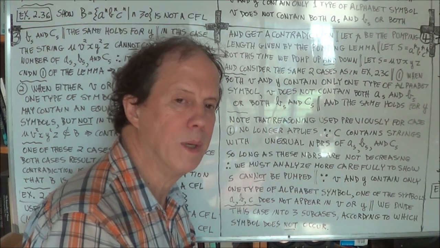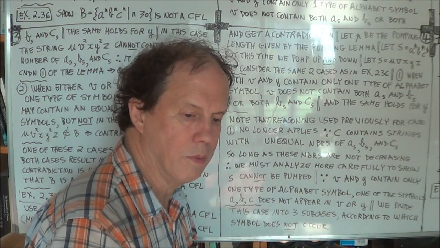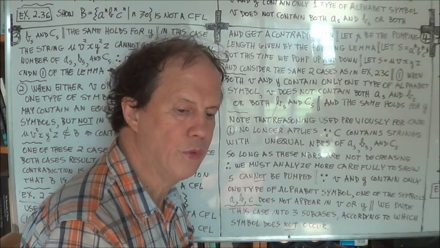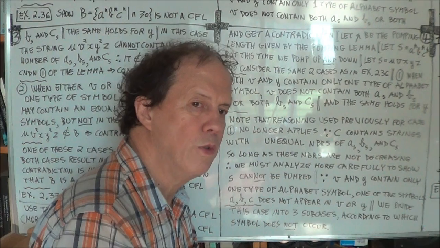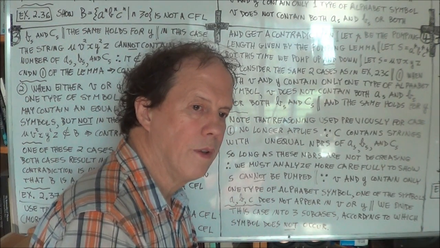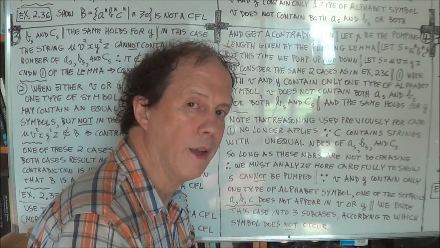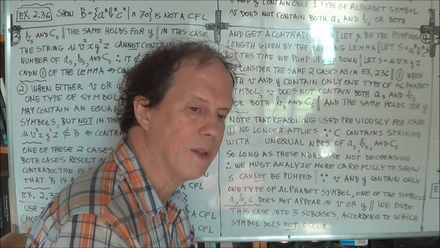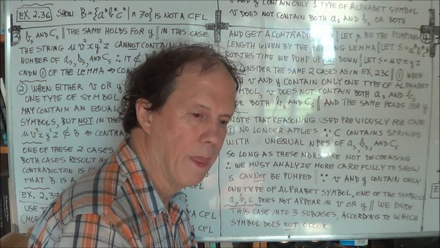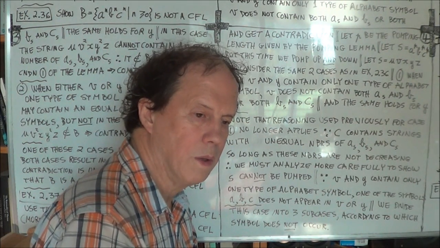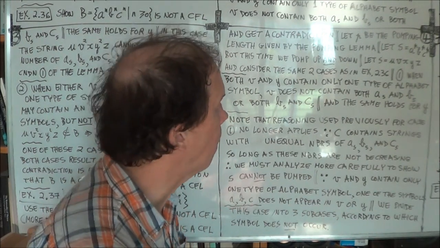To pump down means you pump down once. You remove what would be the V and the Y. So what you're left with is U, X, Z. Okay, so that's pumping down.